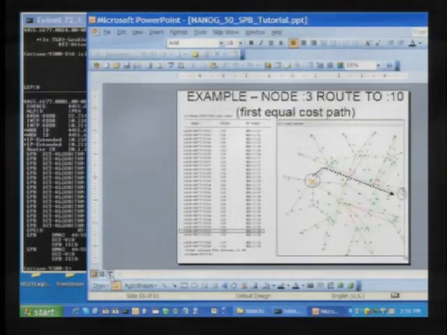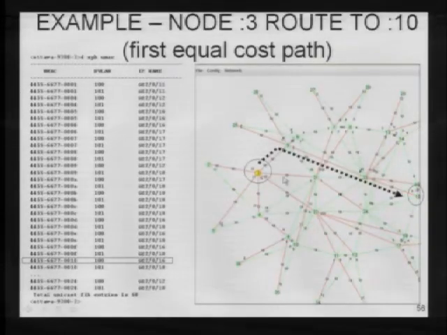And so what I'm going to do next, we're going to look at node 3. We'll look at the unicast routing table, which essentially is a list of BMACs. And we're going to look at the unicast routing table for SPB, and we'll look at the route from node 3 to node 16. 16, of course, is 10 in hex.